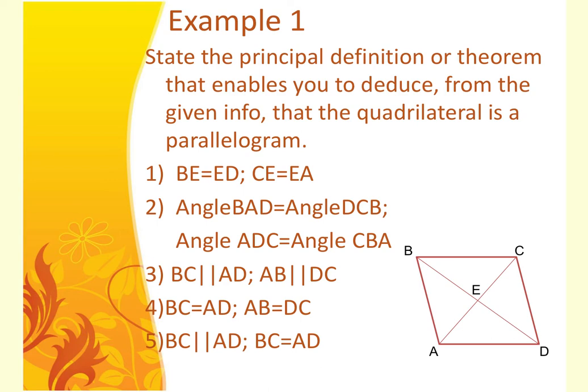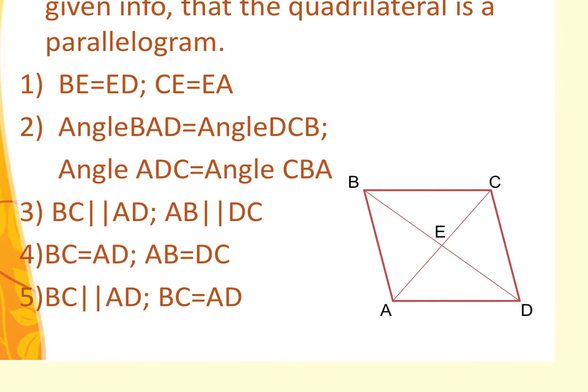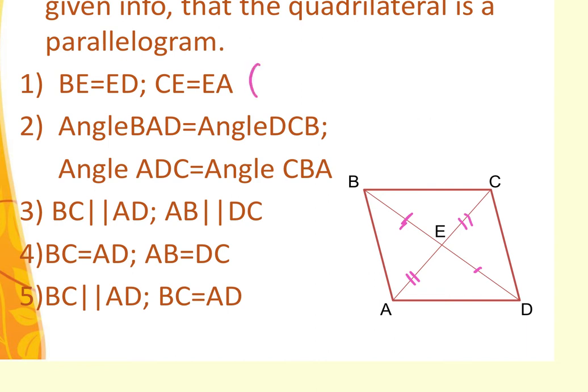All right, example 1. State the principle, definition, or theorem that enables you to deduce from the given information that the quadrilateral is a parallelogram. So 1 says BE is congruent to ED and CE is congruent to EA. What reason would that be? The diagonals both bisect each other.